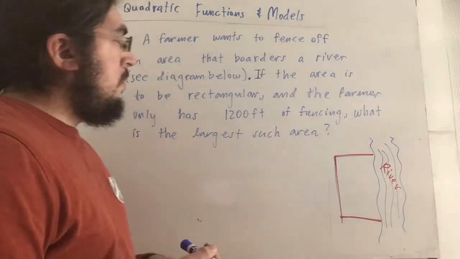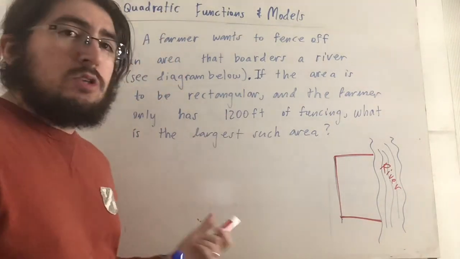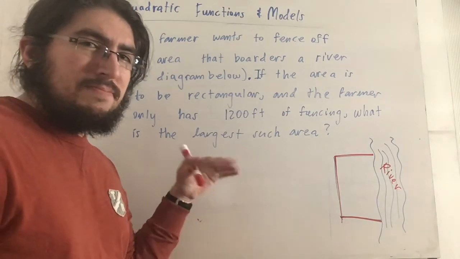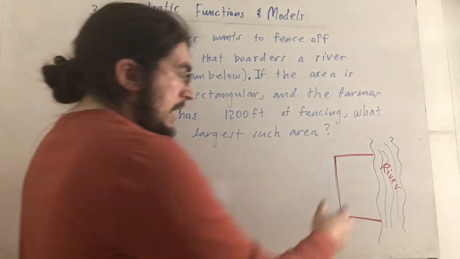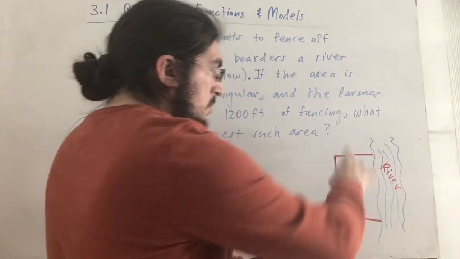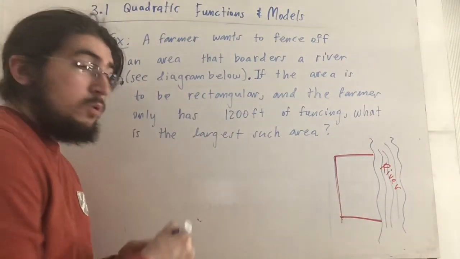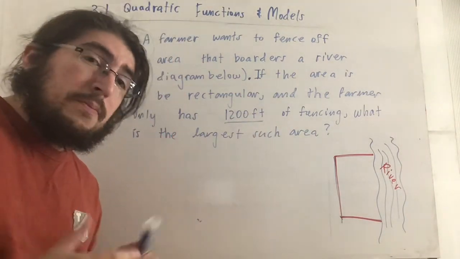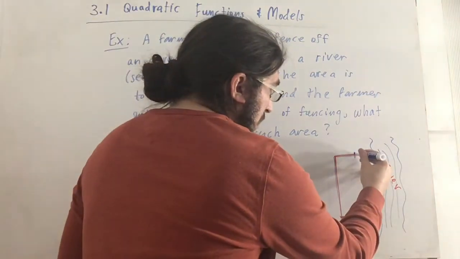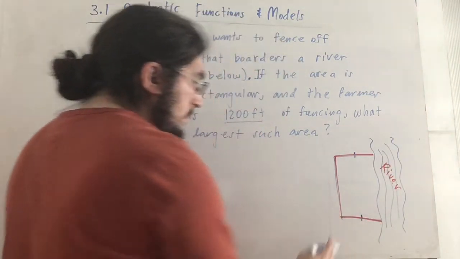Also, we only have 1,200 feet of fencing, and we want to use all of it, which is also not said, but you know the wording's a little fishy anyways. So what we're assuming here is that all of these three sides will add up to a total of 1,200. Good. The next thing is it's rectangular, meaning this length will be equal to this length, right?